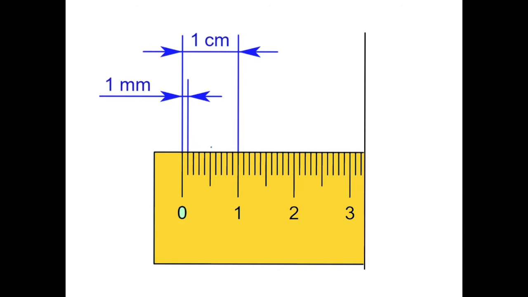So the measurement between any two small lines, this small gap, is 1 millimeter. How many millimeters make 1 centimeter? If you count, there will be 10 millimeters in 1 centimeter. That's why we always say 1 centimeter is equal to 10 millimeters.